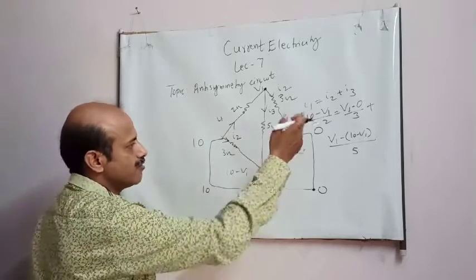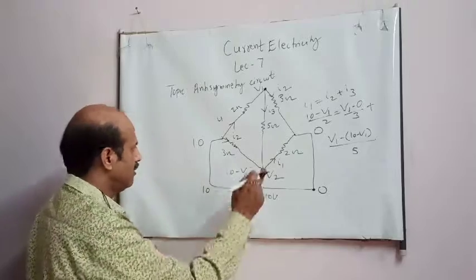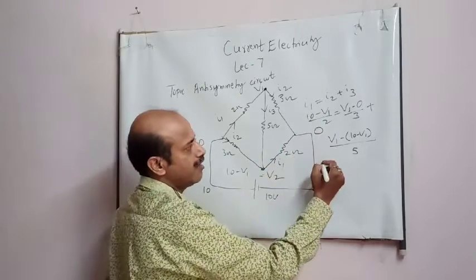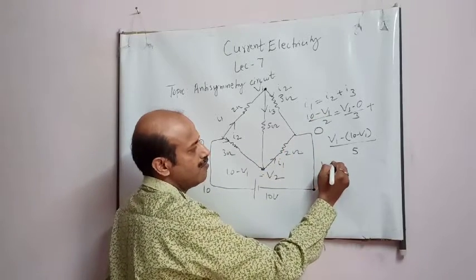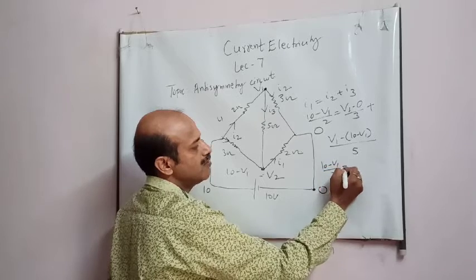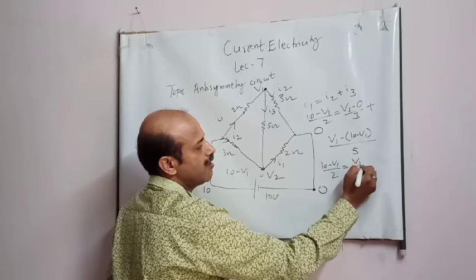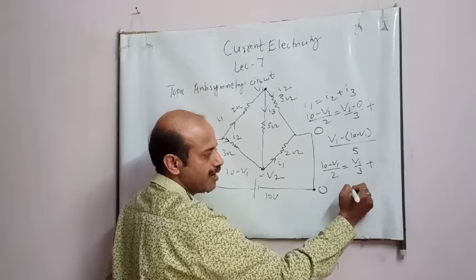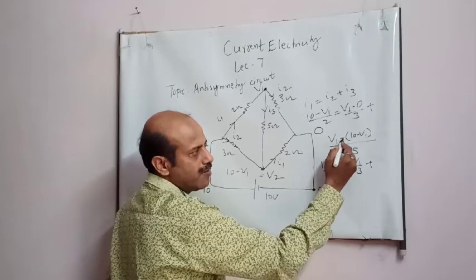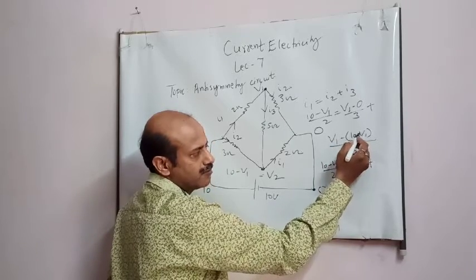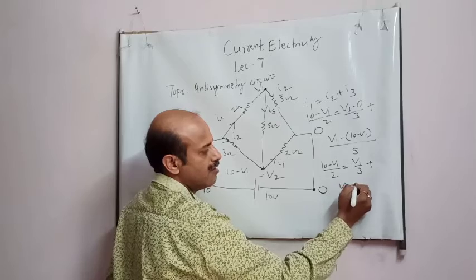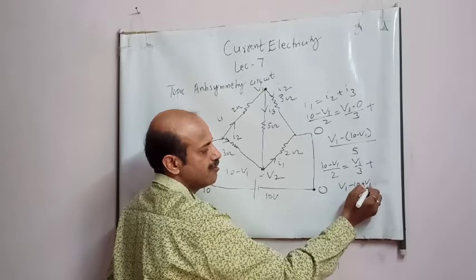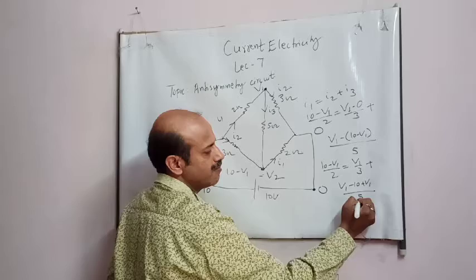Now I have to solve this equation. Okay, let's solve it. This part I am writing here again: 10 minus V1 upon 2 is equal to V1 upon 3 plus the part I am writing here, V1 minus 10 plus V1, upon 5.